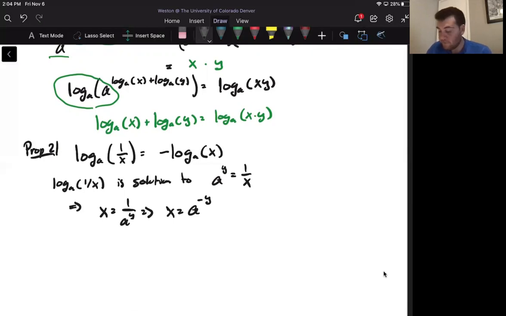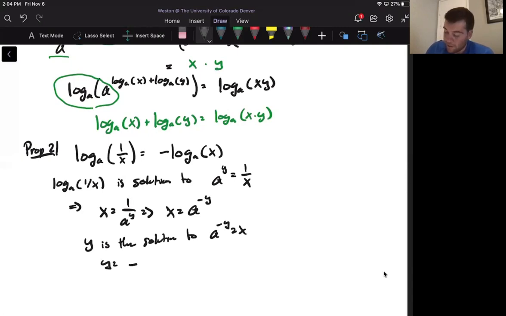All right. Well, now this y is the solution to a to the negative y equals x. So y is going to be negative log a of x.